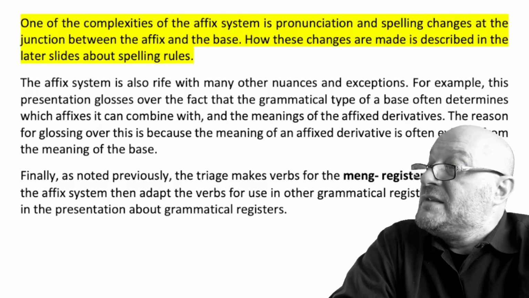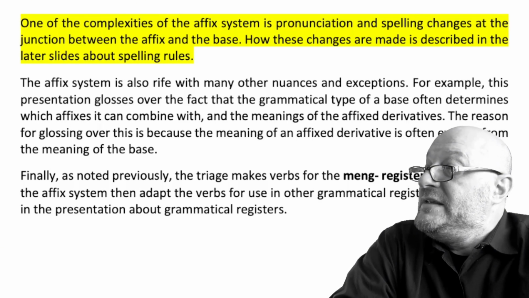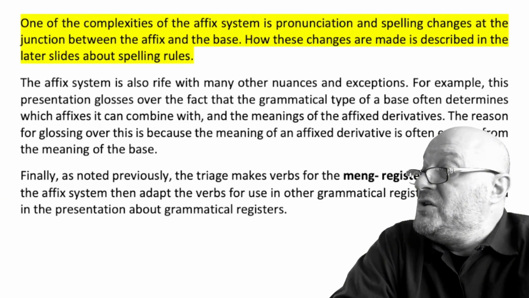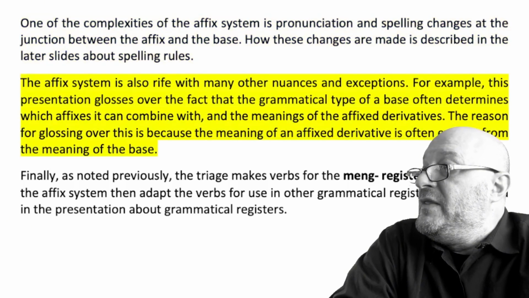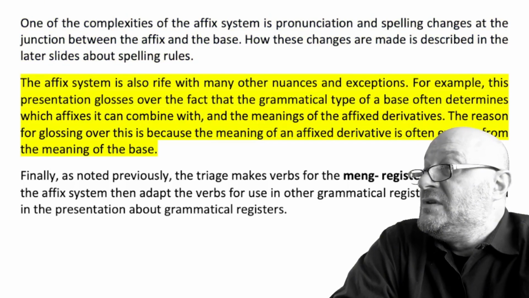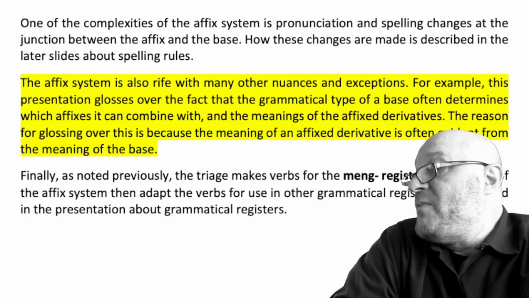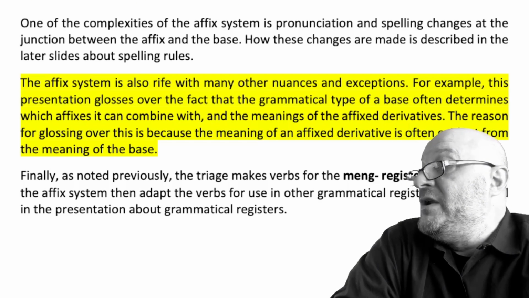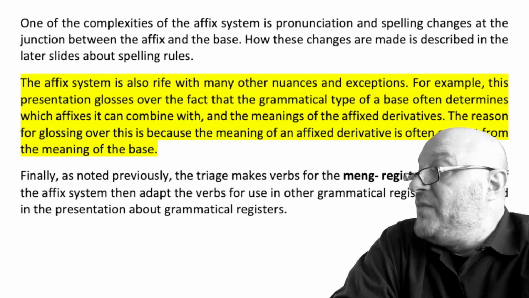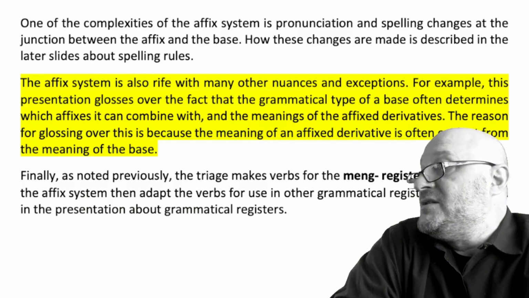One of the complexities of the affix system is pronunciation and spelling changes at the junction between the affix and the base. How these changes are made is described in later slides about spelling rules. The affix system is also rife with many other nuances and exceptions. For example, this presentation glosses over the fact that the grammatical type of a base often determines which affixes it can combine with and the meanings of the affix derivatives.